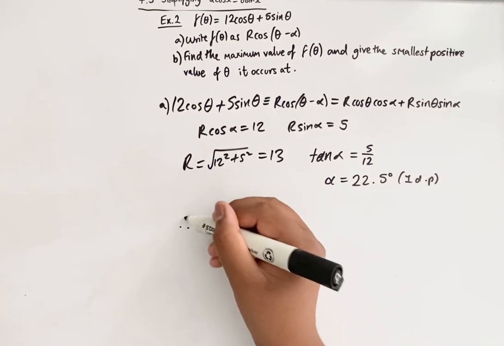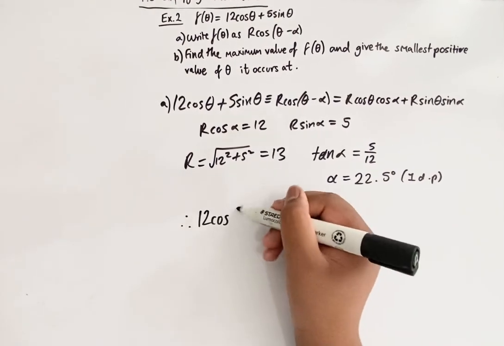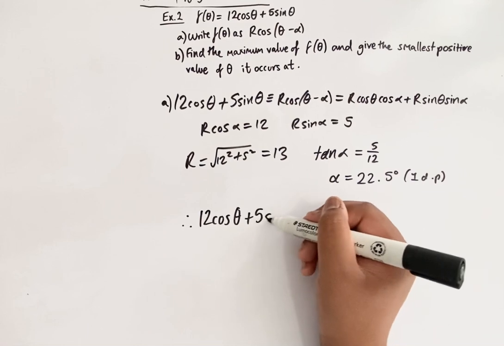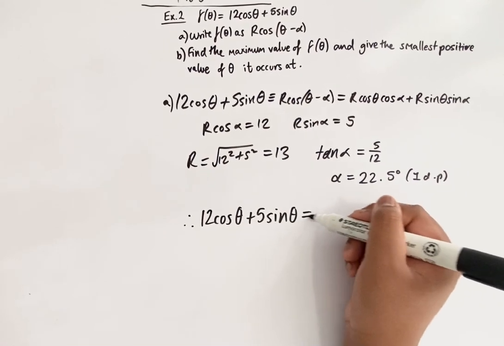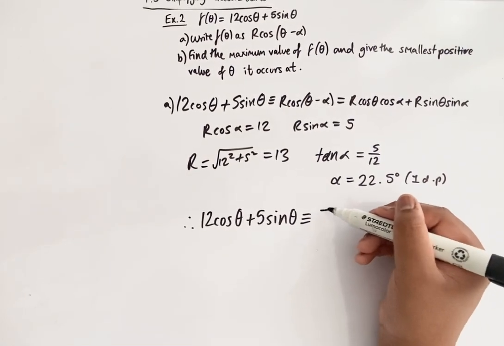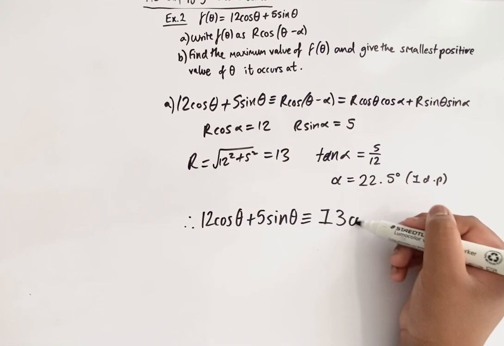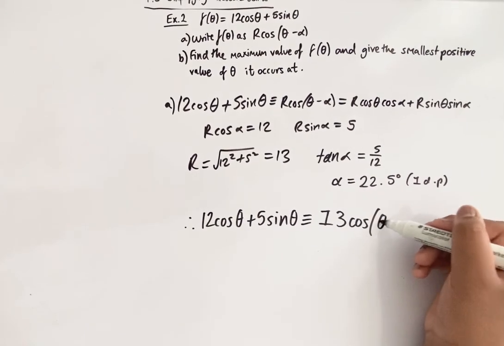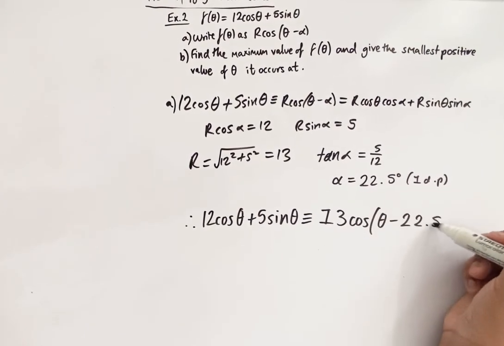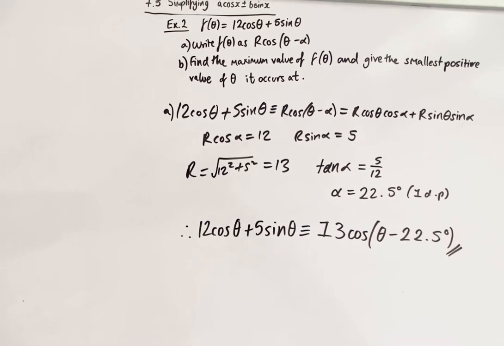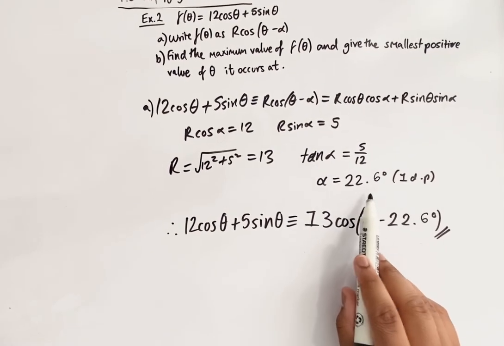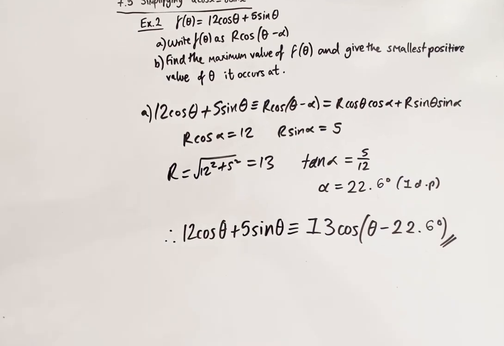And so therefore 12 cos theta plus 5 sin theta can be rewritten as 13 cos of theta minus 22.5 degrees. Sorry, I mistakenly said 22.5, I meant 22.6 degrees.